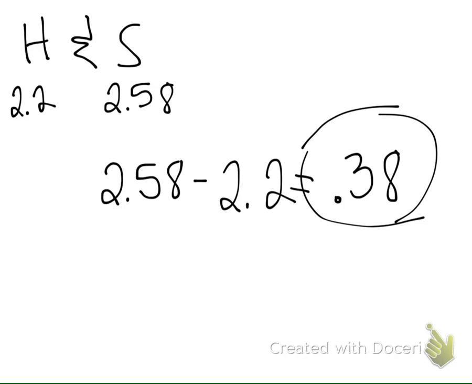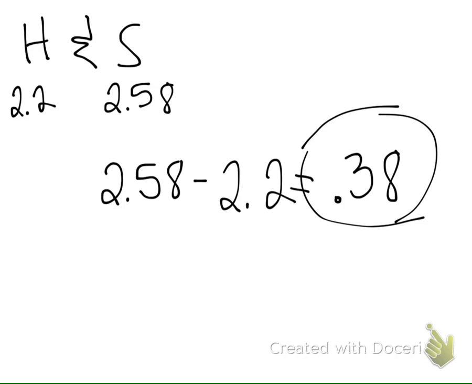That means sulfur is more electronegative, which means it will want the electrons more than hydrogen will, so in this bond, electrons will shift to sulfur more than to hydrogen. Since sulfur is way closer to fluorine than hydrogen is, it's going to be a polar covalent bond. Okay, what questions?